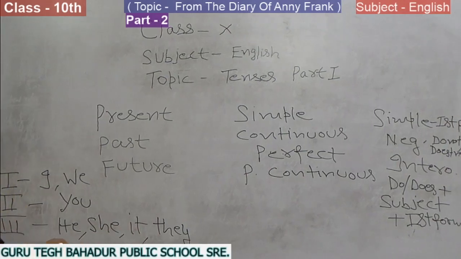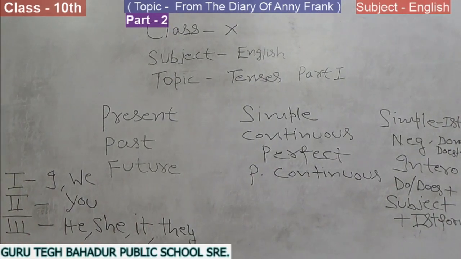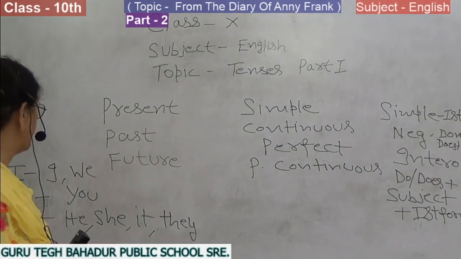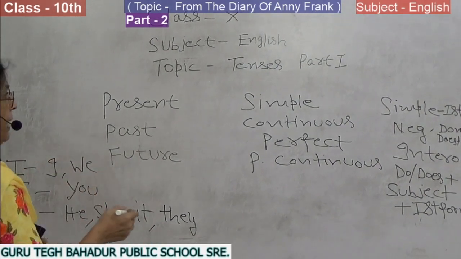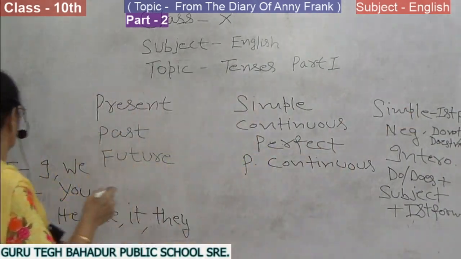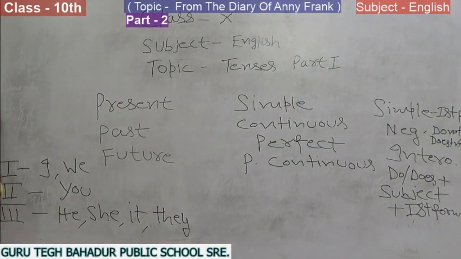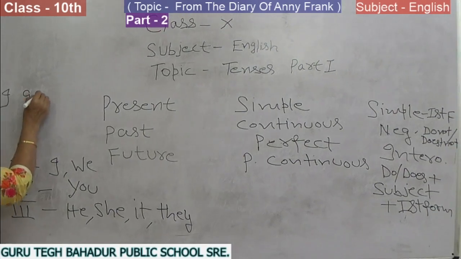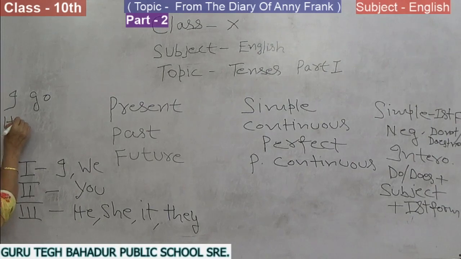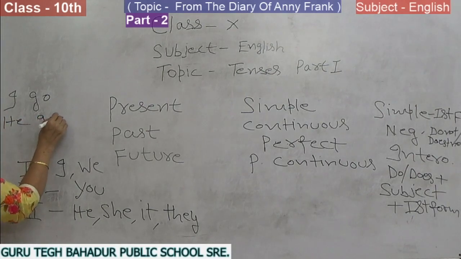I have used the phrase third person singular number takes S or ES. For example, simple sentences take the first form: I go. But he goes.